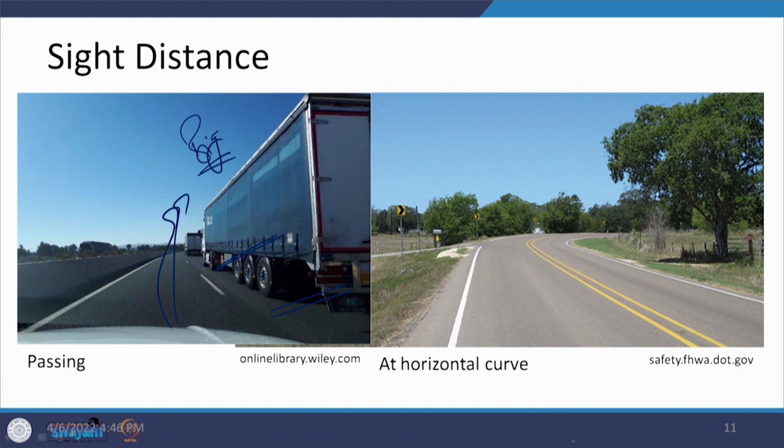Here another case is being shown, which is of a horizontal curve. If your location is here, then because there is scant vegetation on this, what you find is that this is the distance which is clearly visible to a driver, and which may be adequate enough to stop the vehicle if, while moving in this direction, they find out that something wrong has happened at that location.